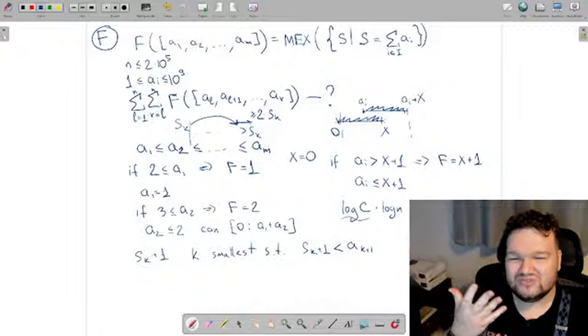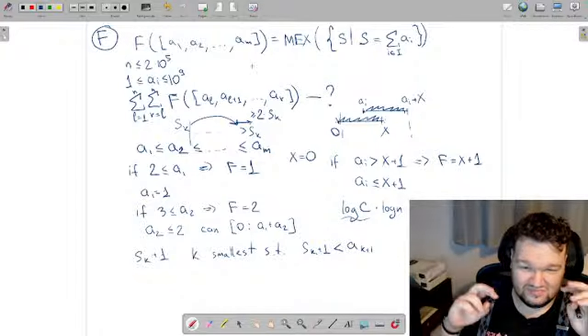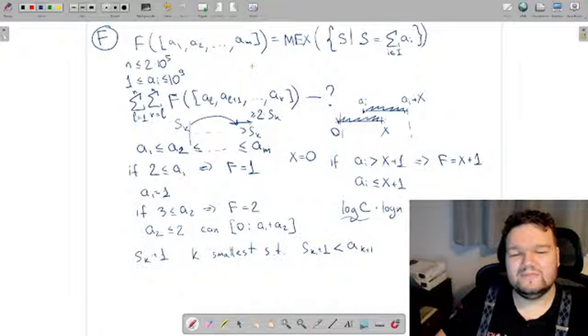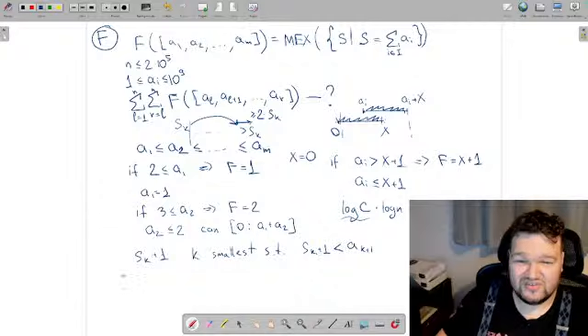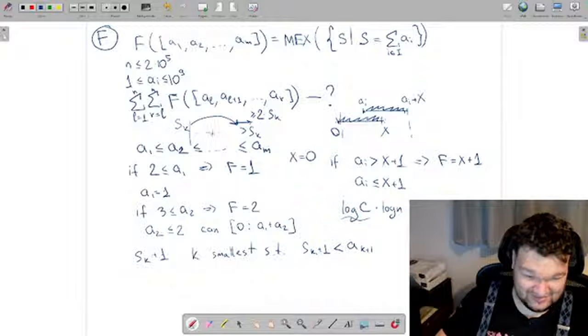What we would like to do is fix the left border, then move the right border and calculate the sum of all answers somehow. But that is not easy, and with our current way of calculating f, not really possible. So we need an even better way.